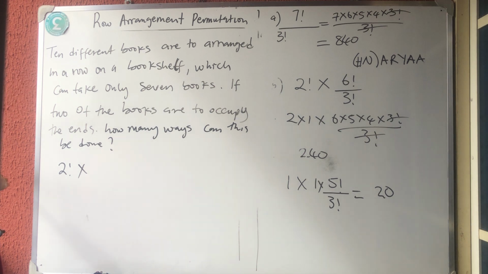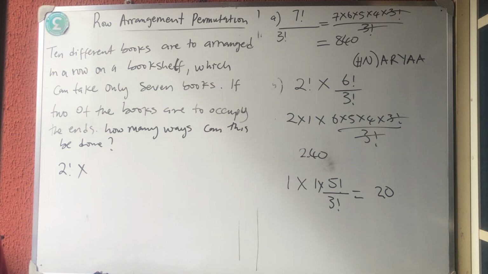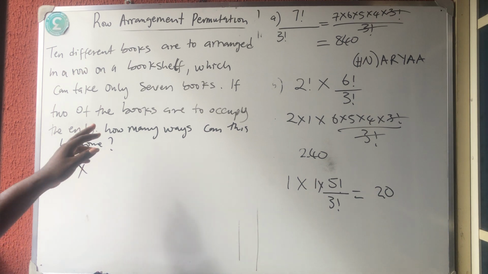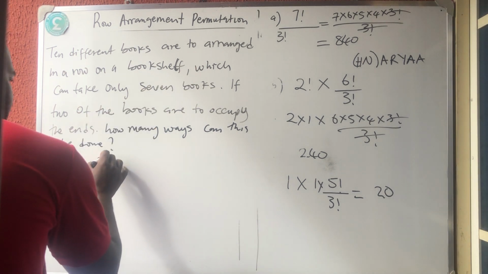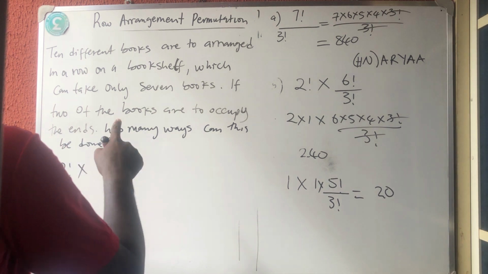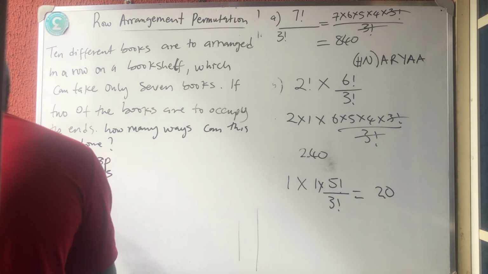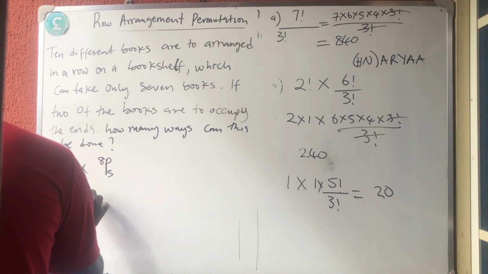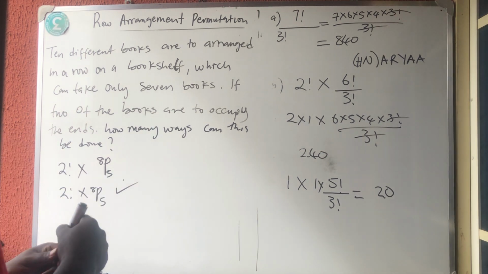We have taken 1 on this side and 1 on the other side, so I'm left with 8. The space they will now occupy is 7 minus the 2 already taken, which is 5. So it is 2 factorial times 8 permutation 5. As simple as that.